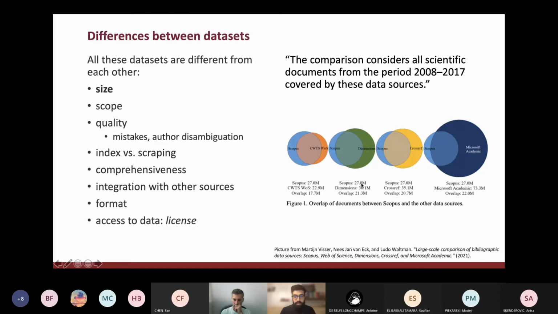Other datasets can be smaller because they don't include papers for several reasons. That can be political, because, for example, they don't include papers from a journal that they consider not good enough.